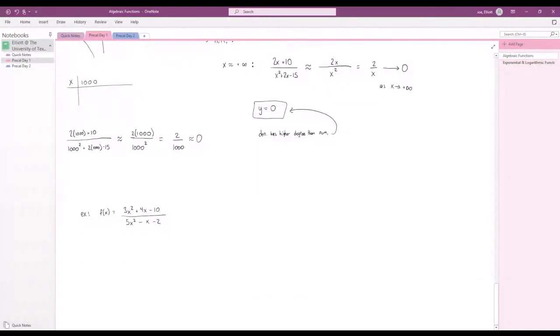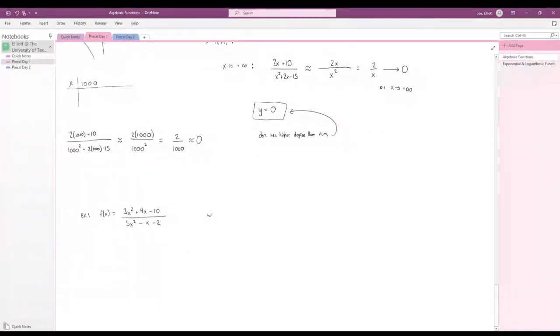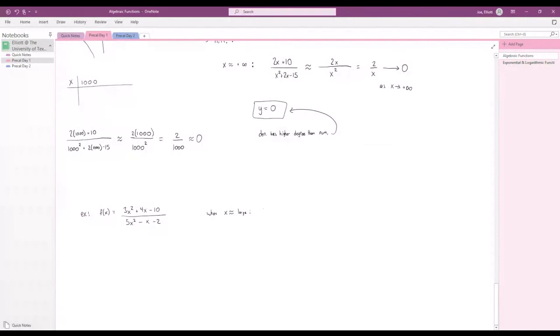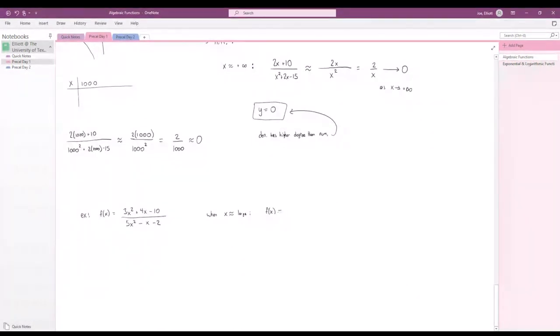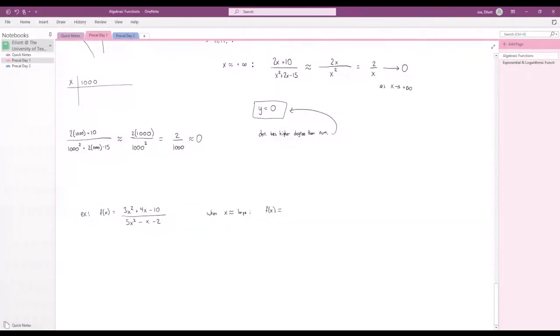So in the case where the degrees of both the numerator and the denominator are the same, I've been using this intuition that only the highest powers end up mattering in the end, when you're thinking about x going out to infinity or minus infinity.